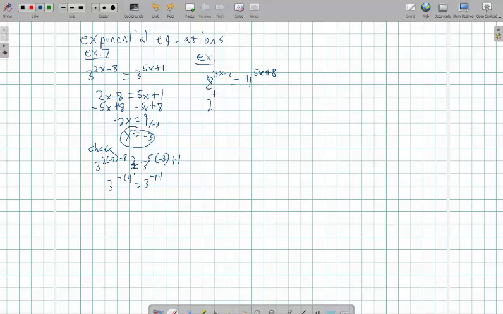See, this is 2 to the third to the 3x minus 2, and that's 2 to the 2 to the 5x plus 8.